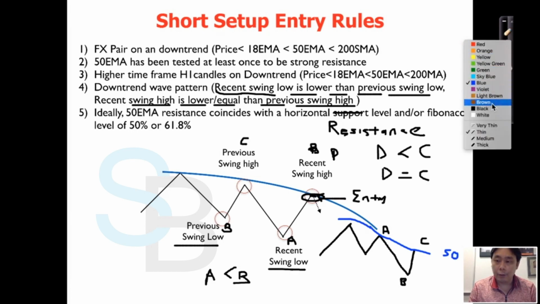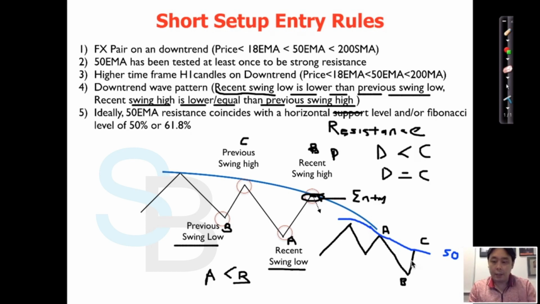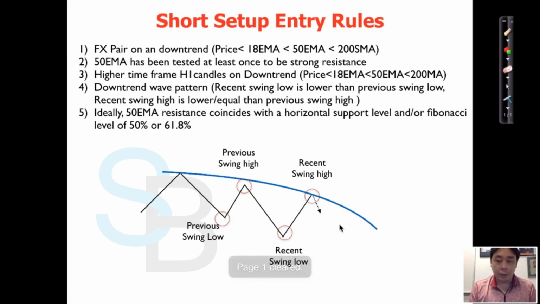So if we retrace A, B, C, if C is at the 50% or the 61.8% Fibonacci level, and that coincides with the 50 moving average, that is additional confluence. So that tells us it's a very strong resistance, likely is going to find resistance and continue the next impulse wave down. So that gives us more confidence to sell short at the 50 moving average because it is in confluence with a Fibonacci level, right? Or we see this pattern.